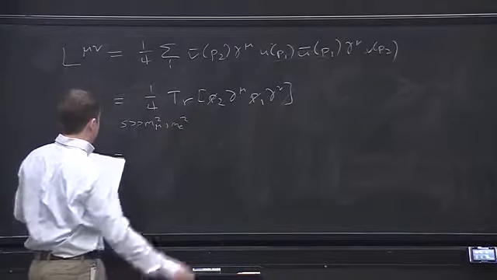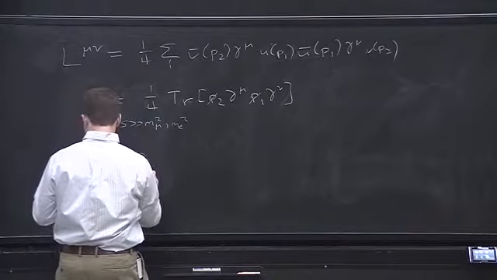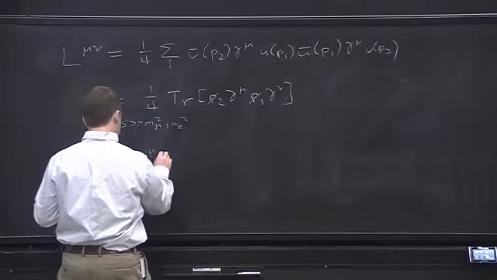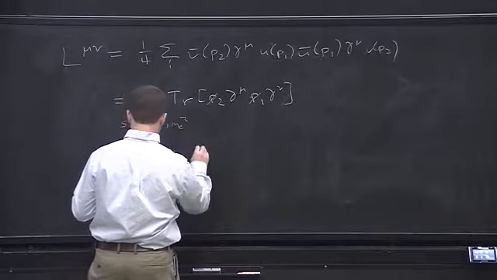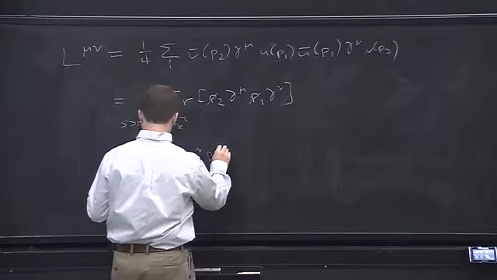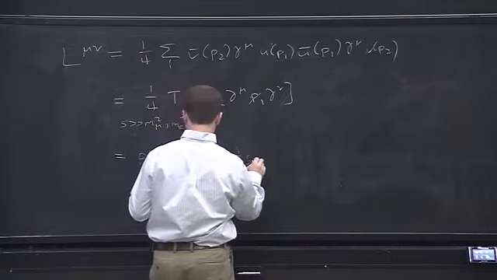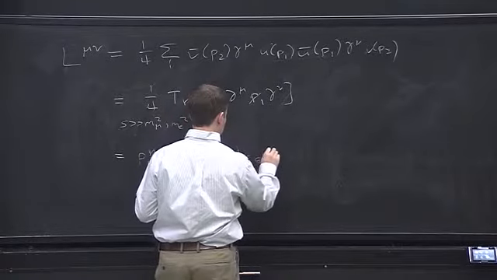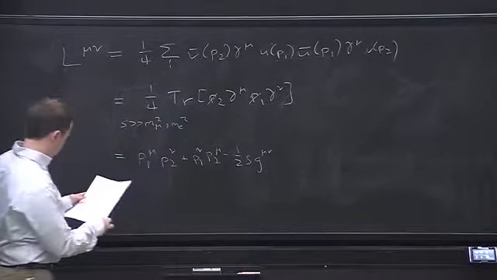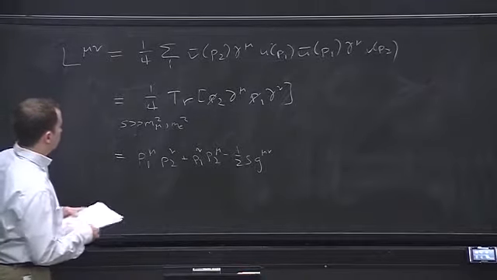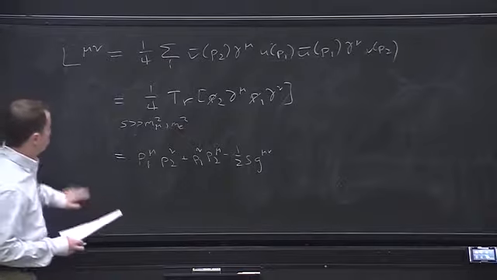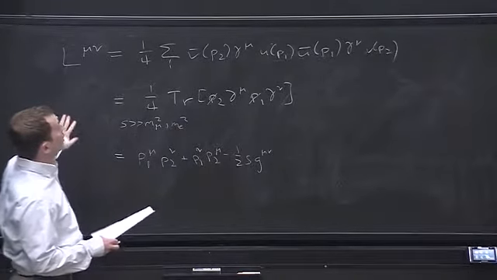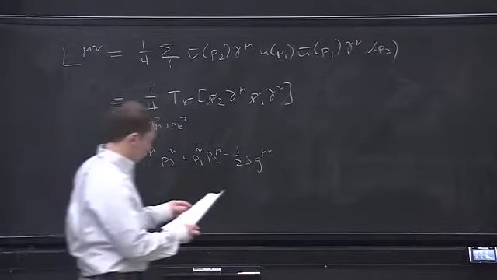And you can evaluate the trace. You have evaluated the trace. I'll just quote the result. So just evaluating traces of products of gammas. Okay, and so that's the electron part. Very simple.